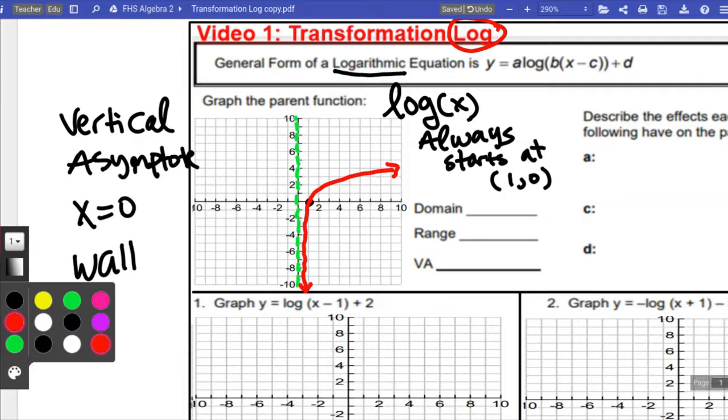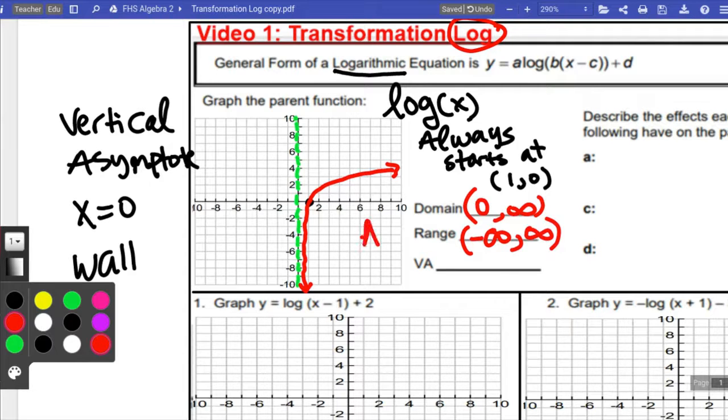So let's start with the domain. The domain will be from 0, because it will never cross 0. It gets closer to 0. That's why I'm using parentheses: from 0 to infinity. The range will start at the bottom, negative infinity, all the way up to positive infinity.